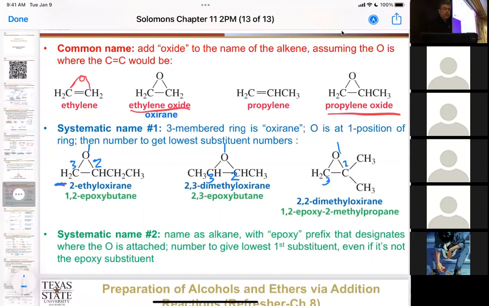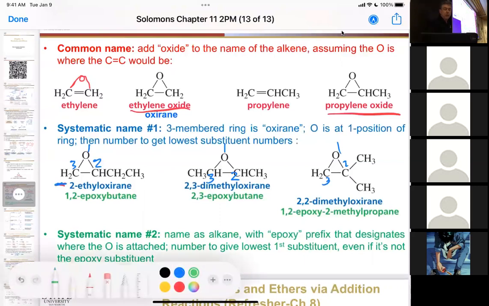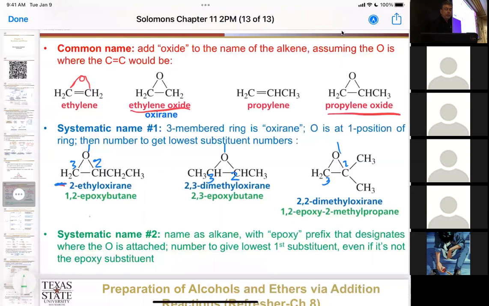In this numbering system, we're numbering the longest chain, which is this butane right here. So it's going to be 1, 2, 3, 4. So in this case, it's 1,2-epoxybutane. The oxygen is on the 1 and the 2 using the epoxy nomenclature.